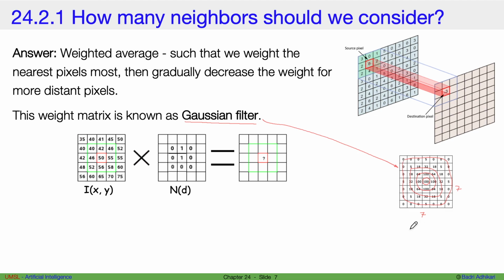Now remember, this is not an image. Instead, it is a multiplier, a filter, a matrix that multiplies with the image. So at each pixel we take this Gaussian filter, apply it to the image, and then get a smooth image.